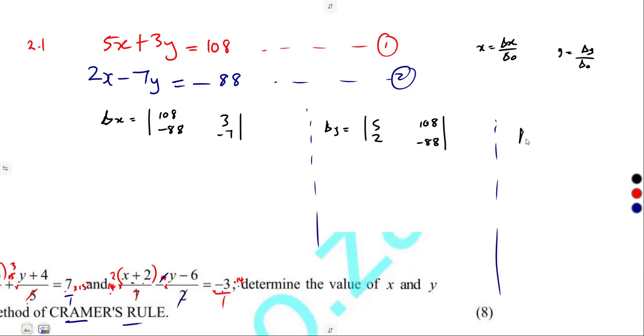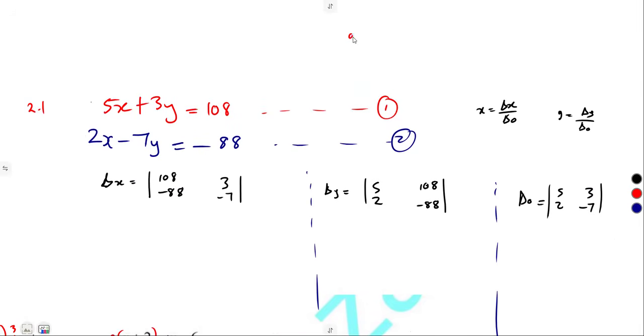Then for the constants, delta naught, you take this part as it is, 5, 2. So that's 5, 2, 3, minus 7, sorry. So determine your determinant. Remember, 2 by 2 from here, A, B, C, D. Determinant is going to be AD minus BC, A times D. And you subtract B and C, the major diagonal minus the minor diagonal.